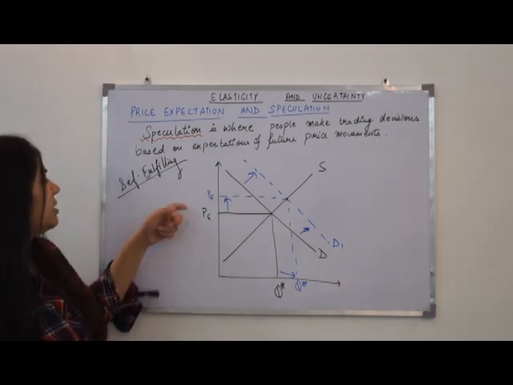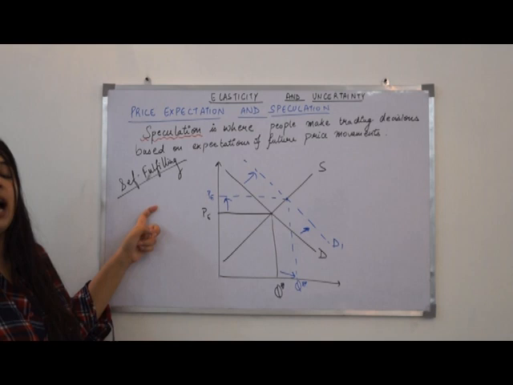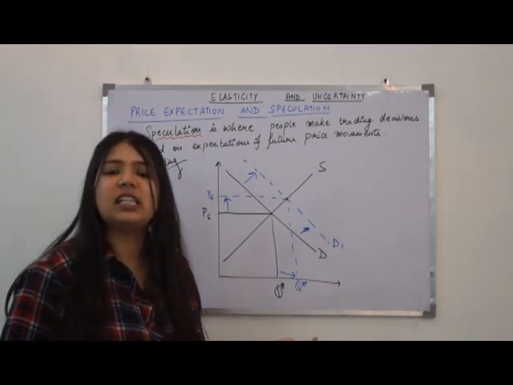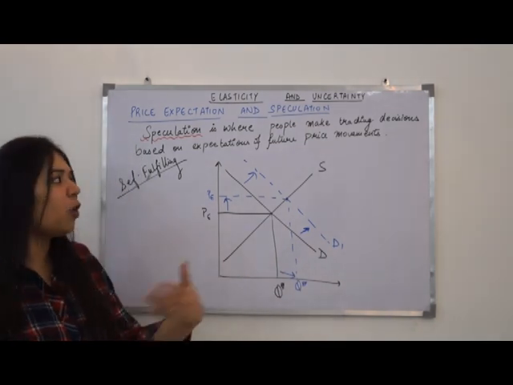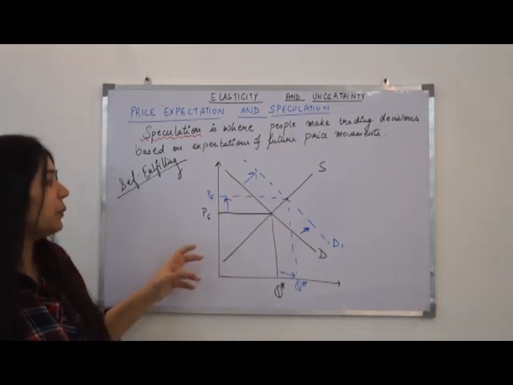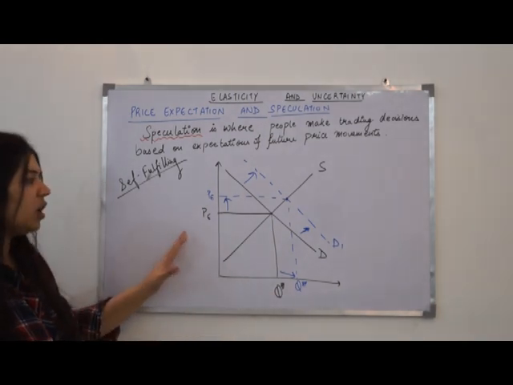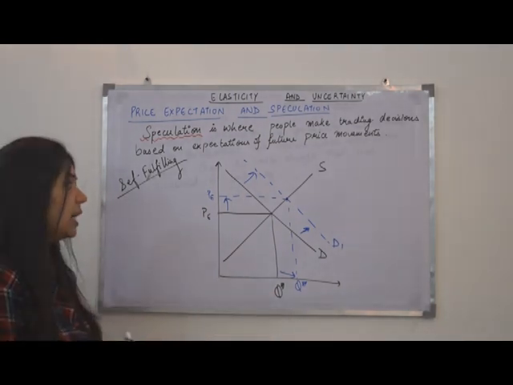That is what we call speculation being self-fulfilling, because whatever you anticipated actually happened because of the decision that you made due to an expected change. So this is what the speculation looks like.